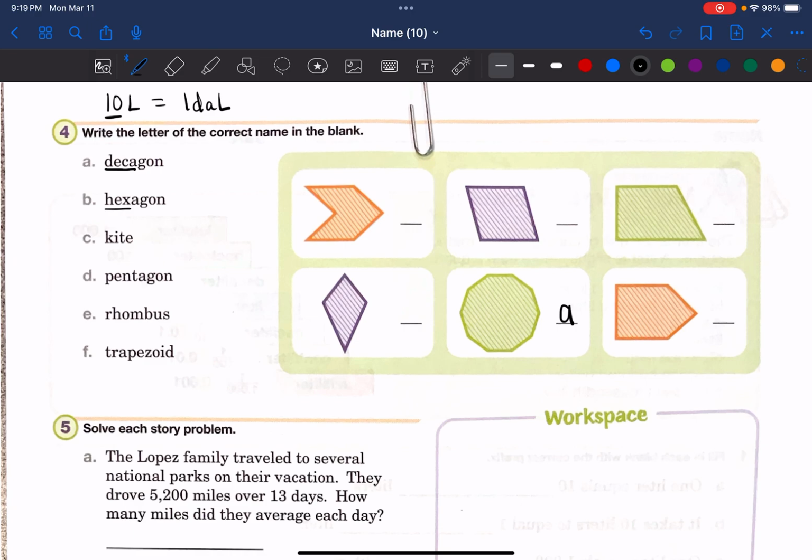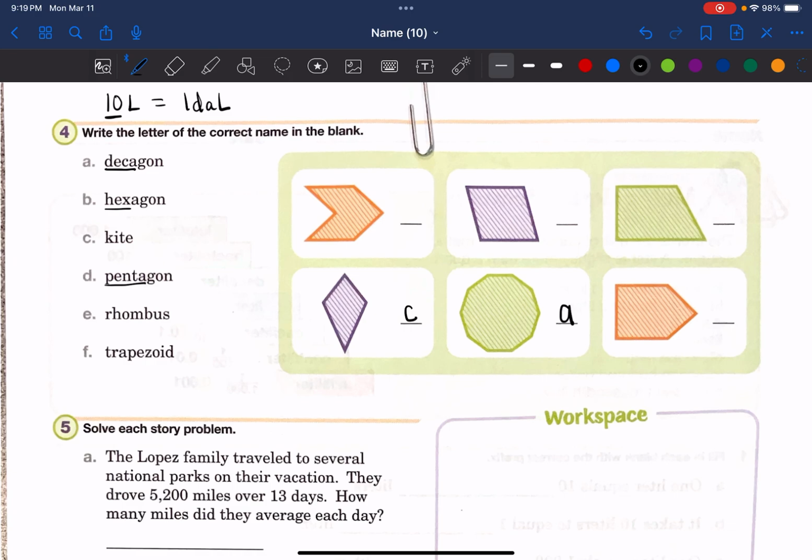A kite. Hopefully you just remember what a kite looks like. So this one's kite. The technical rule for a kite is that it is not even like a rhombus. A rhombus would be even. A kite is not even. Okay. A pentagon. Penta means a number.